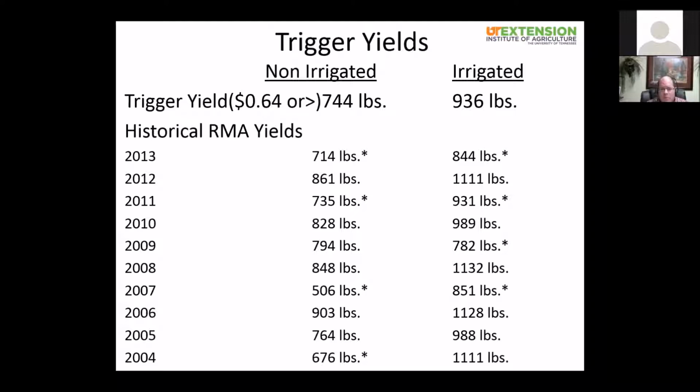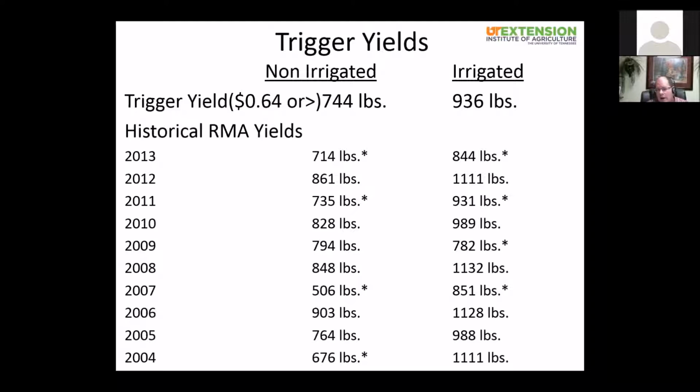So we had 714 in 2013. We had 735 in 2011, and then we of course had a pretty bad year in 2007. So it would have paid a pretty good bit in 2007 when we made 506 pounds, and then in 2004 we made 676 pounds in Haywood County. So it would have paid in those years.